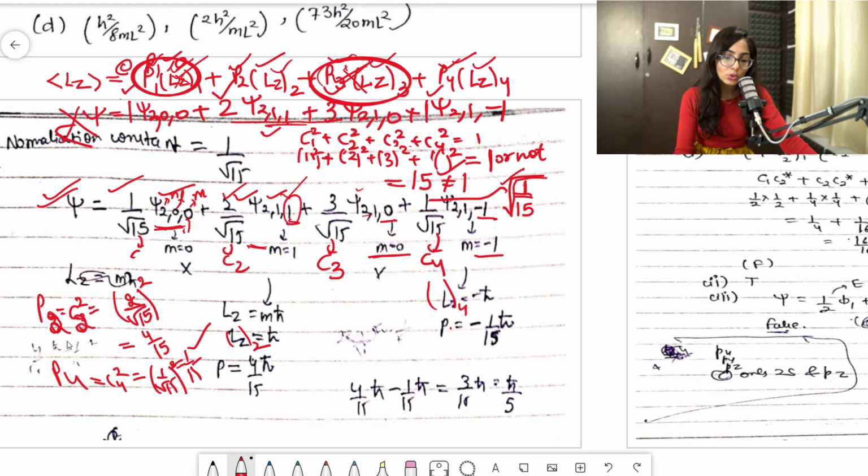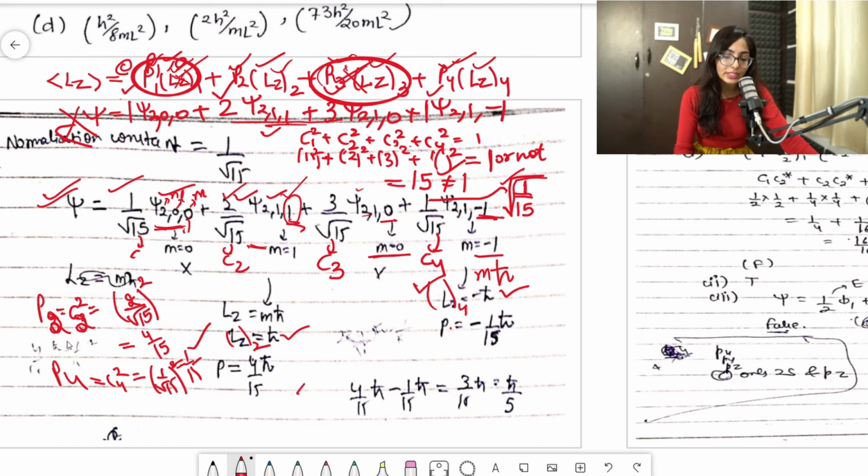Here M is 1, so you will write H cut, because 1 into H cut would be H cut. Clear? Now you will calculate LZ4. LZ4 would be M into H cut again. Here M is minus 1, so you will write minus 1 into H cut, that would become minus H cut. Clear?